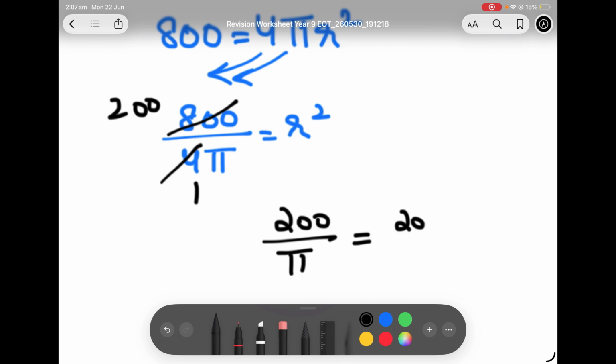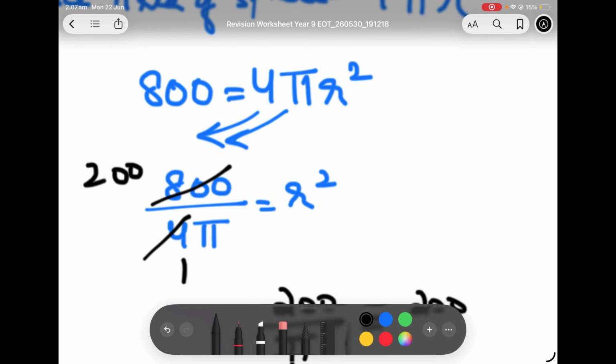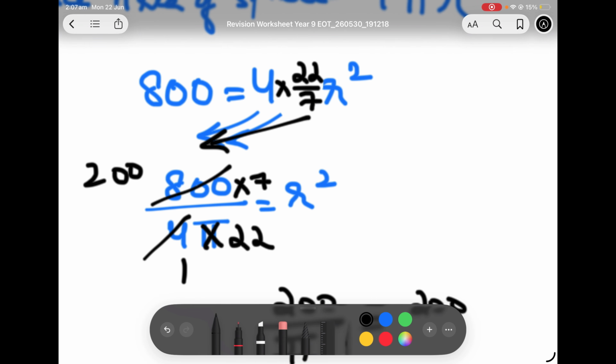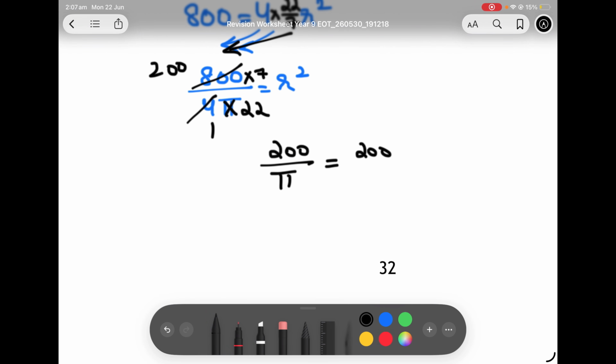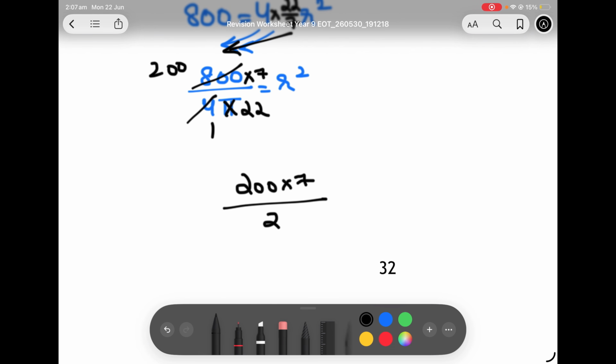If I take the pi value here as 22 by 7, then this 7 goes up and 22 goes down, because 7 is in the denominator, it goes to the numerator, they crisscross. Then it would be 200 times 7 divided by 22 is equal to r square.